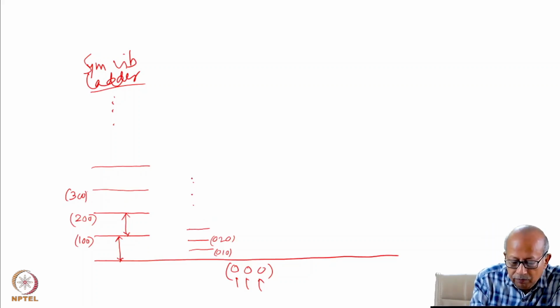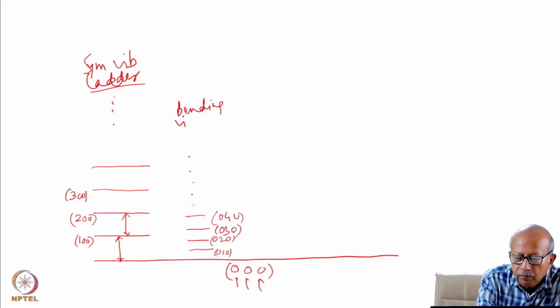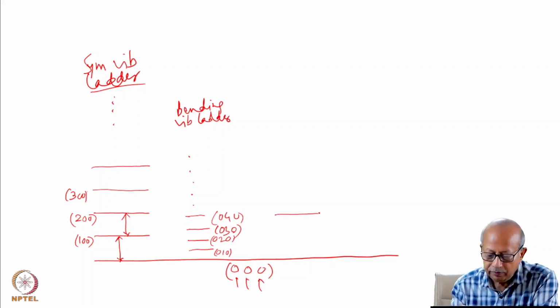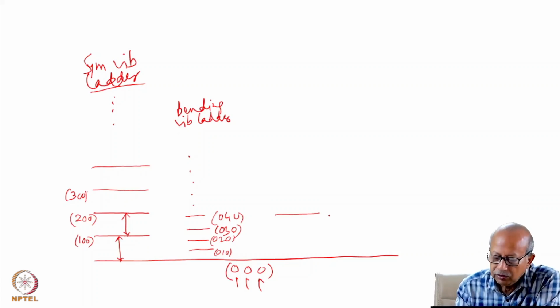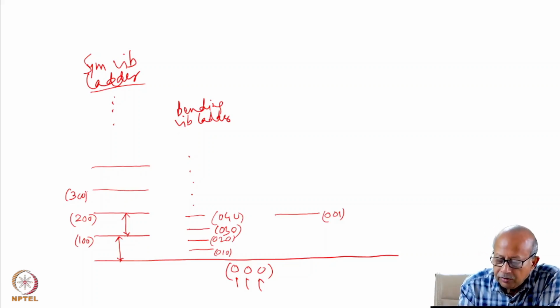So this is 0, 3, 0. This is 0, 4, 0, and so on. So this is the bending vibrational ladder. Then we have the asymmetric vibrational ladder. This is the first asymmetric excited vibrational energy state.